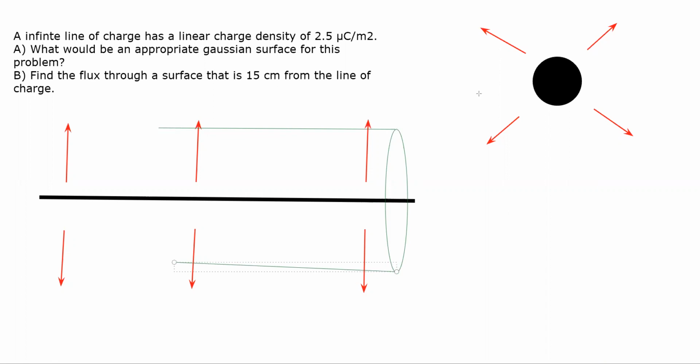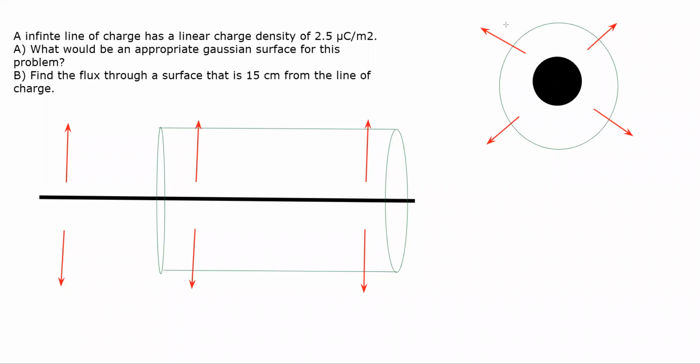I'm trying to make this straight. Then I have another circle here. Something like that. And I can connect this line here to make my cylinder, and then draw my cylinder over here as well.